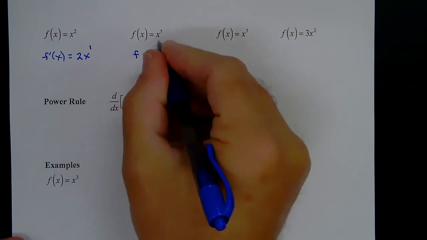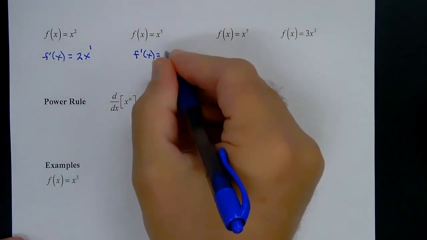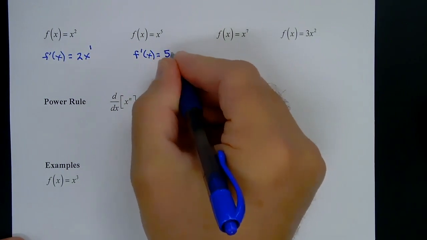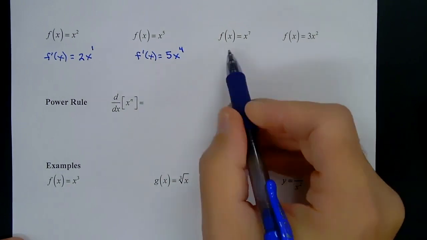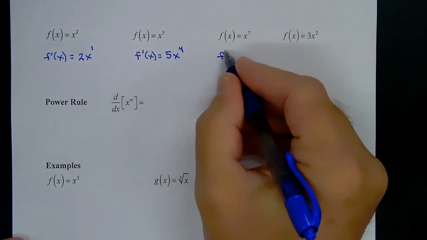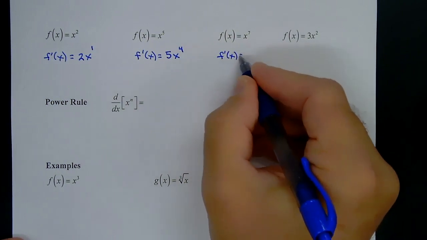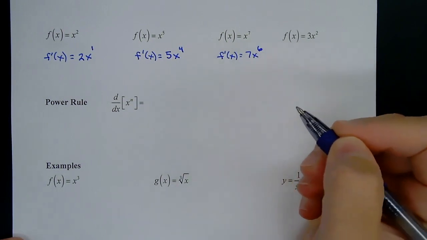If f of x is x to the fifth, f prime of x is going to wind up always being 5x to the fourth. If f of x is equal to x to the seventh, then f prime of x, the derivative, is 7x to the sixth power.